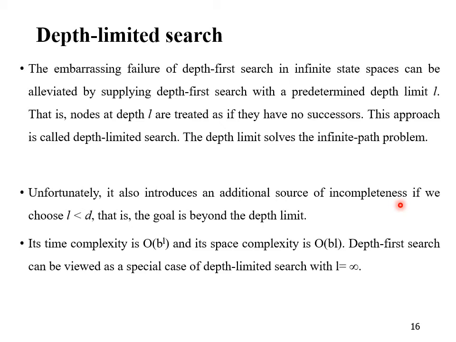And its space complexity is order of b multiplied by L. Depth first search can be viewed as a special case of depth limited search with L equal to infinity. When L equals d or L equals infinity, then depth first search and depth limited search will be the same.